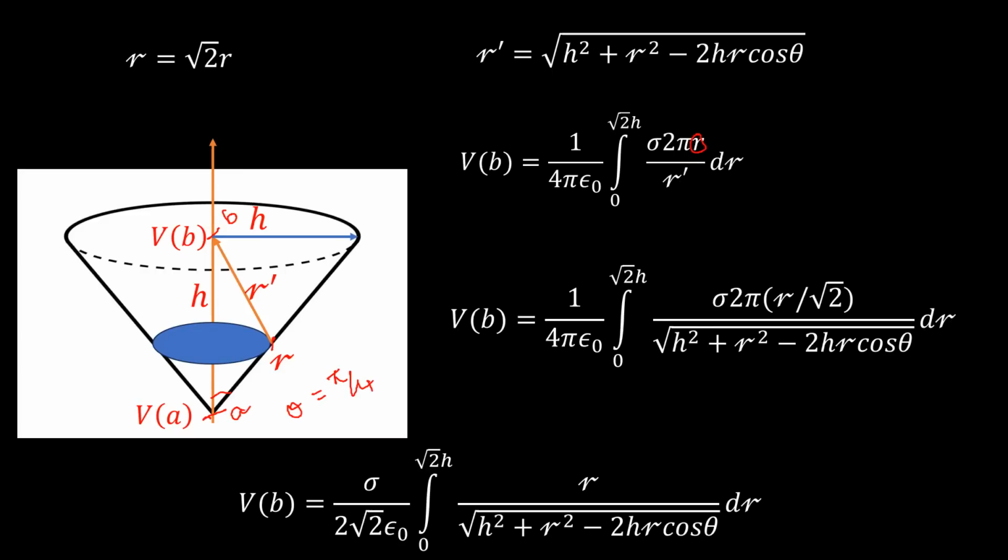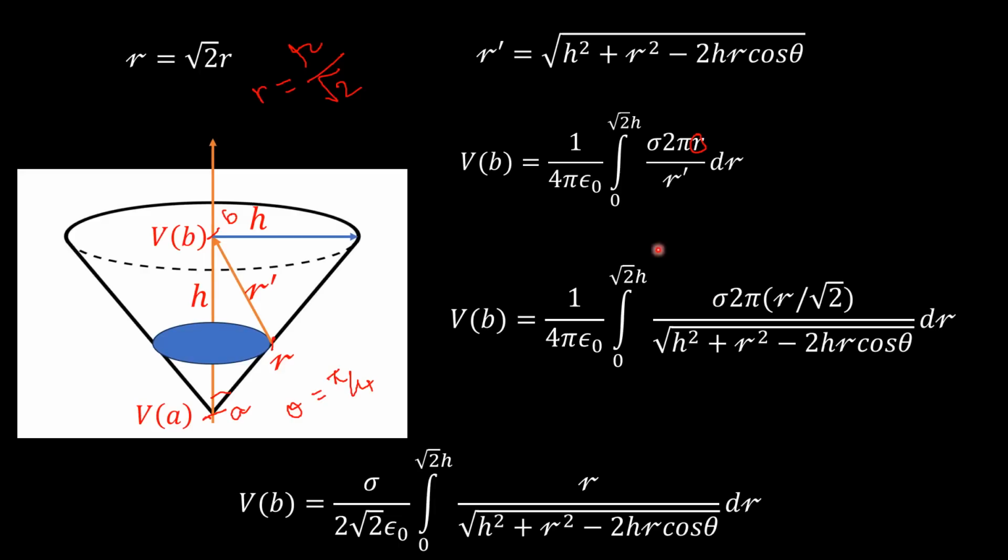We are replacing r by script r divided by square root 2. Already we have seen script r is equal to square root 2 r. So naturally r is equal to script r divided by square root 2, bringing the square root of 2 to the left hand side.